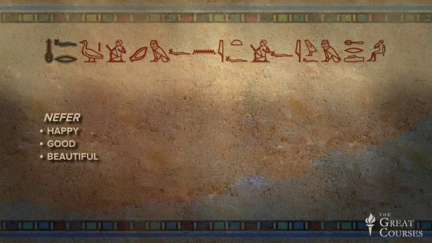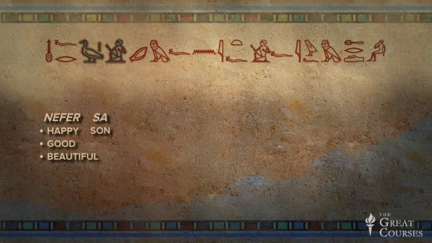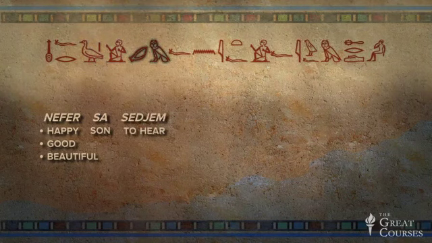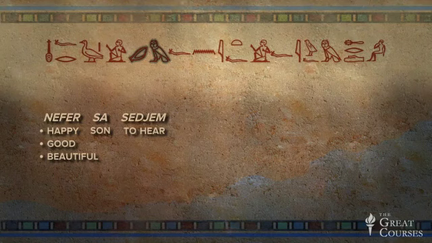Now, where does the next word end? Yes, after the man hieroglyph, the word is sa and means son. So far, so good. What's next? Yes, we all recognize sejim, to hear, and that ends with the owl, which is the phonetic complement for the triliteral ear. So we have hear or listen.